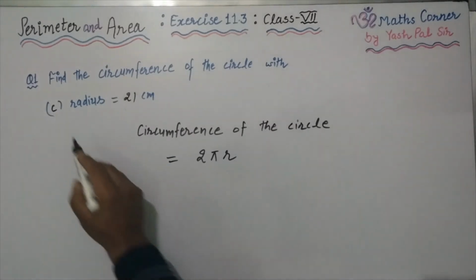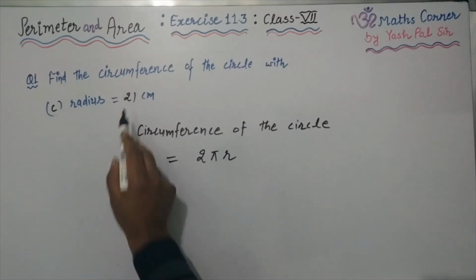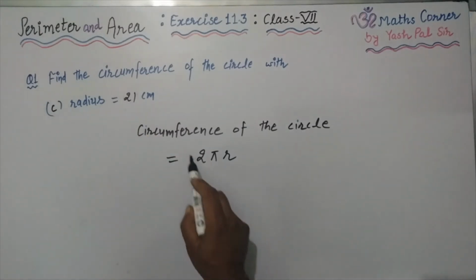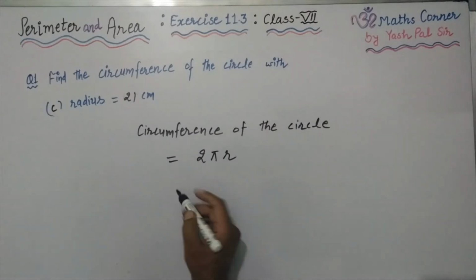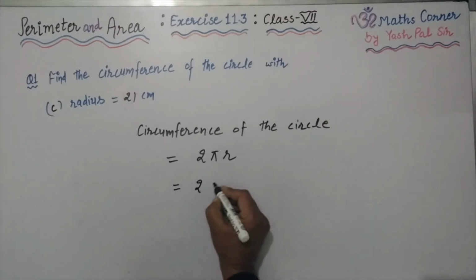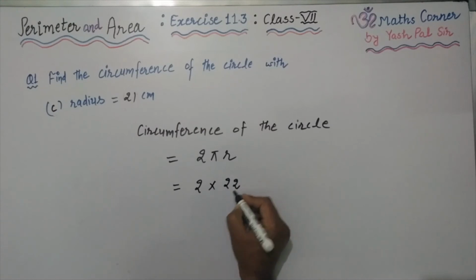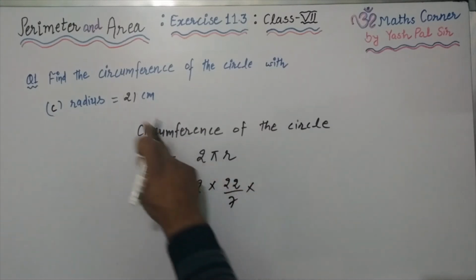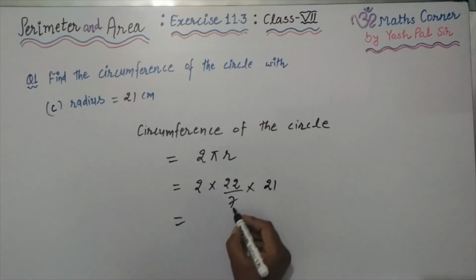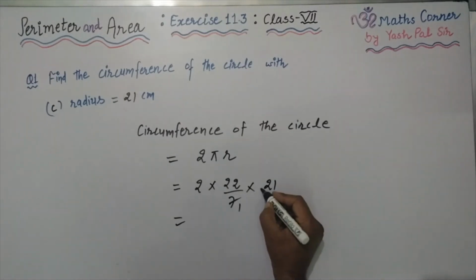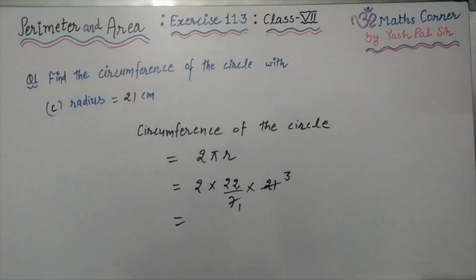Similarly, we have part number C. When radius is equal to 21 centimeter, circumference of the circle is equal to 2 pi r. This is equal to 2 into 22 upon 7 into r, r is 21. So next we have 7 ones are 7, 7 into 3 is 21.